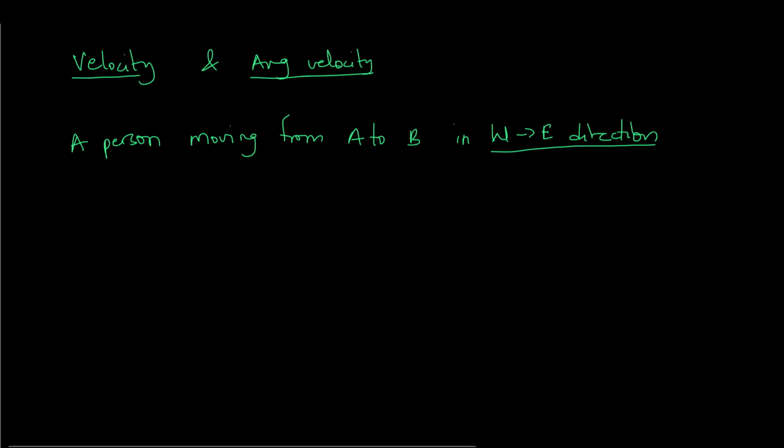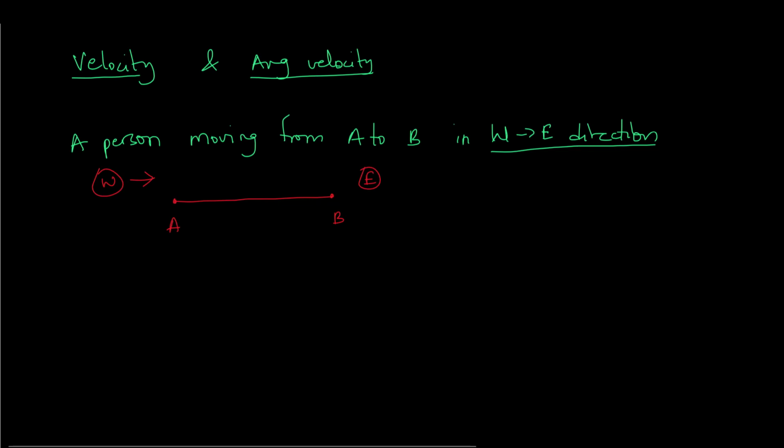So here is our condition. Moving from A to B, from west to east. This is my west direction and this is my east direction, so it is moving from west to east.